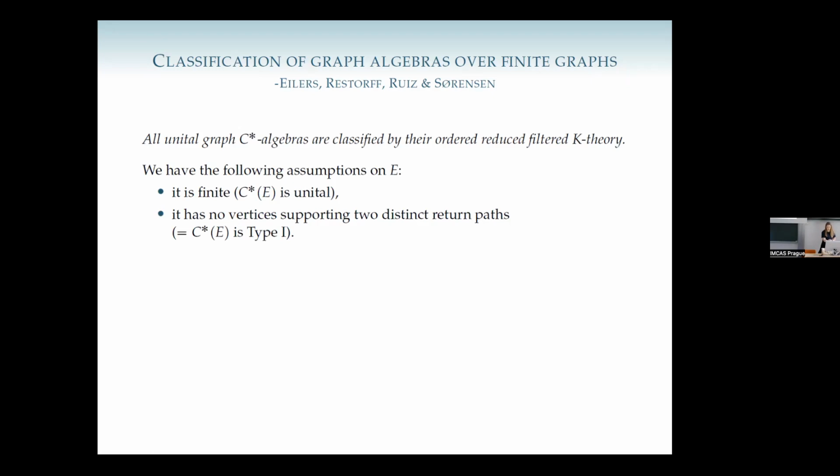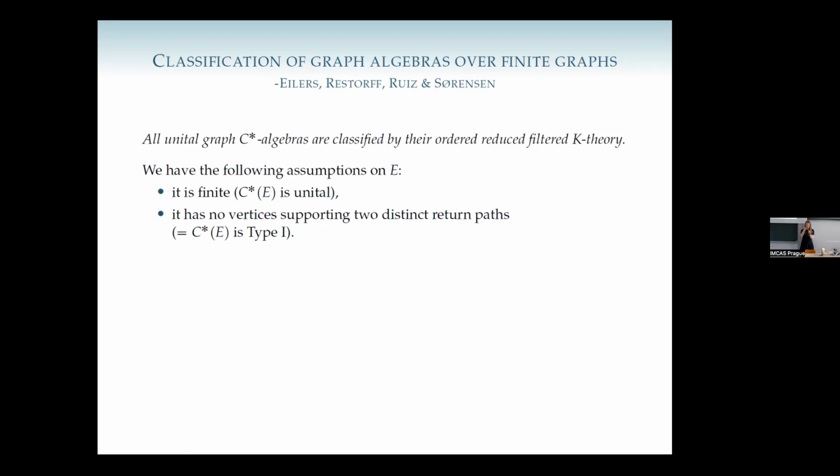first of all, we have a finite graph, and from now on I will just assume that. But we also have that the length spaces satisfy this condition, saying that it has no vertices which support two distinct return paths. It means that if you have a vertex, you cannot go through two different paths in the graph and come back to it again, and they have to be distinct.